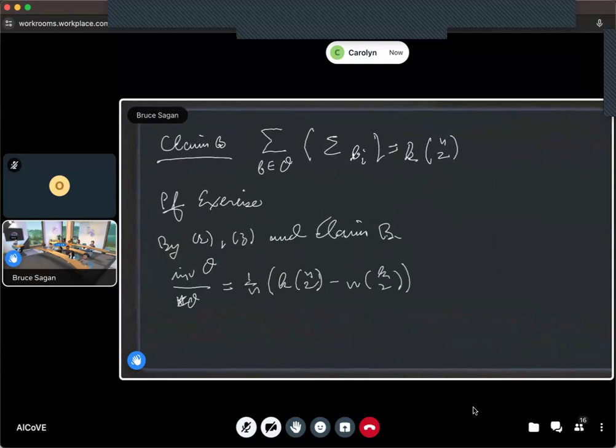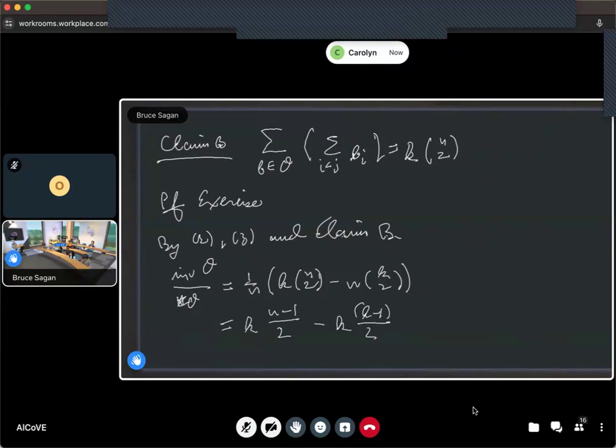But now look, 1 over n cancels into n choose 2, and that gives me just n minus 1 choose 2. This 1 over n also cancels that n, and that gives me k times k minus 1 over 2, just the k choose 2.